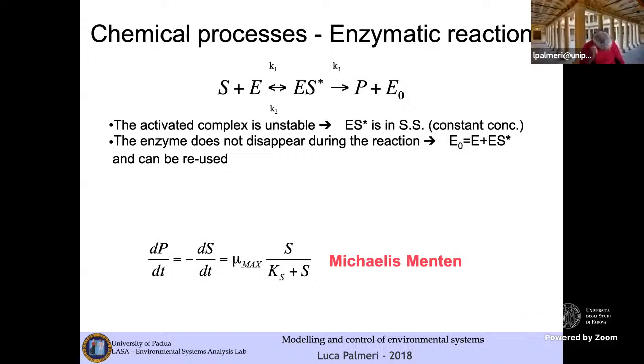For example, when we want to model, as we will see next week, primary production, then we may employ this kind of model in which we think of the enzyme as the production itself.